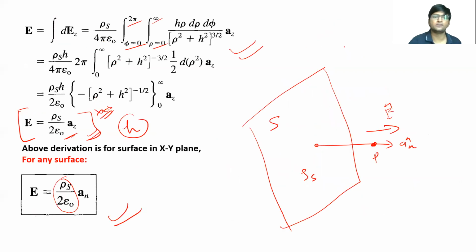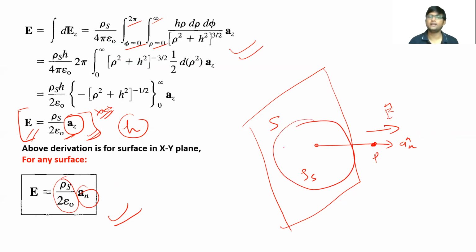This is why in the expression of the electric field for an infinite surface charge, you are only getting the normal component. If you imagine in your mind, all the components parallel to the surface are going to cancel each other, because this surface is symmetrical, right?